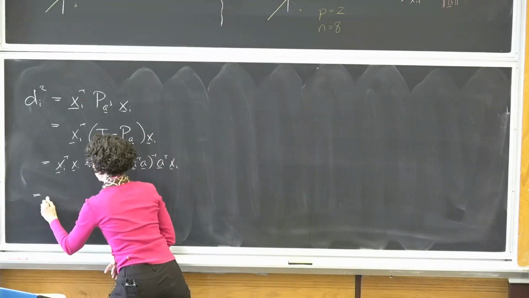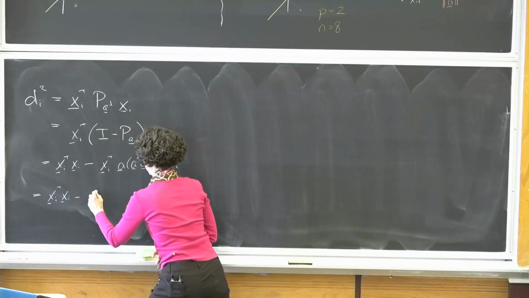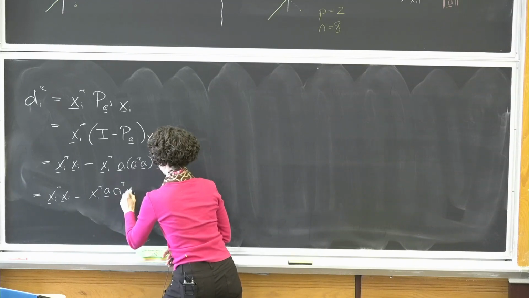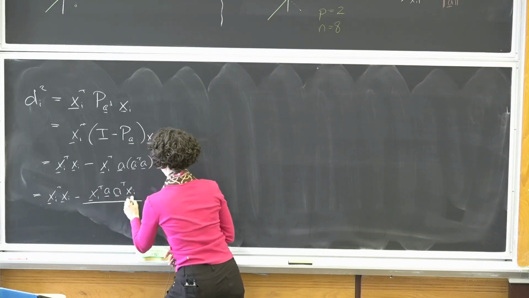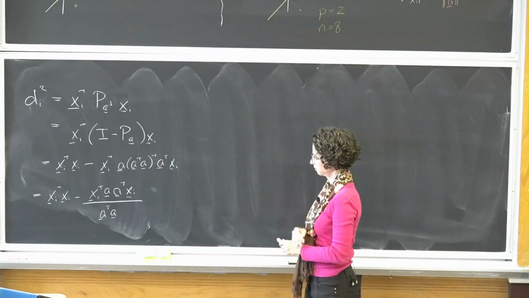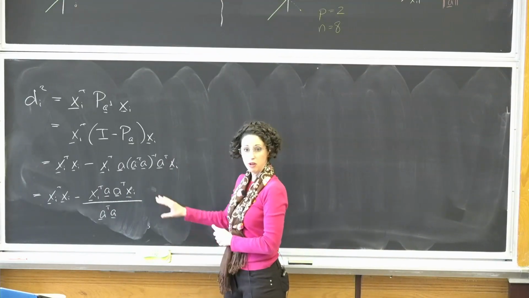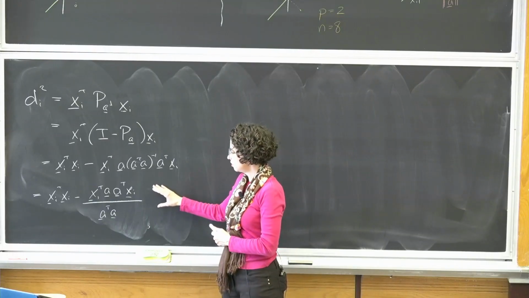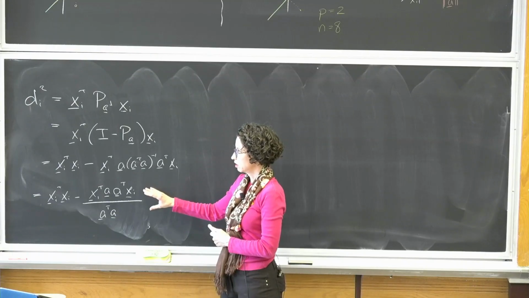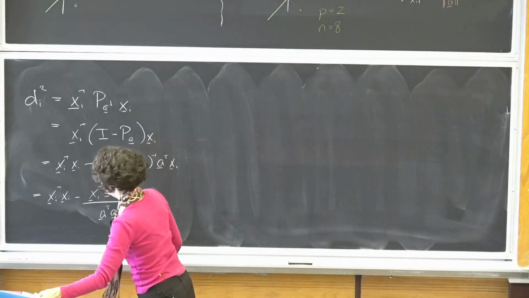So we can equivalently write this as xi transpose xi minus xi transpose A A transpose xi, divided by A transpose A. Okay, so now we have an expression for the distance of a point xi to the subspace spanned by a vector A.